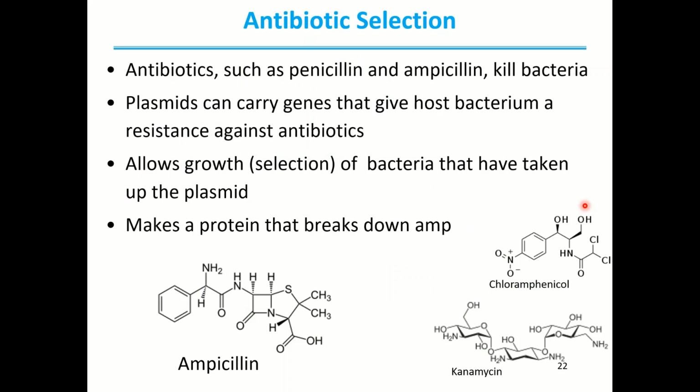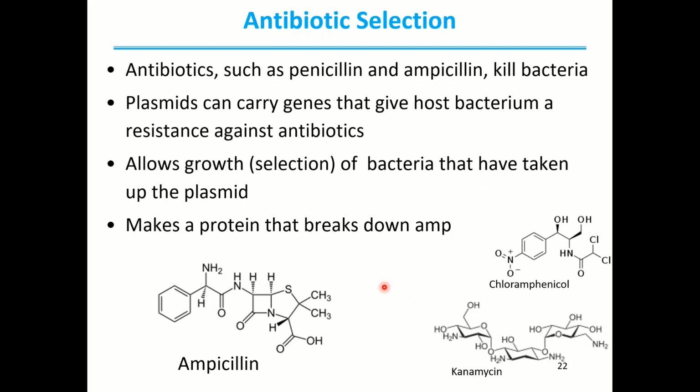The antibiotic selection, things like penicillin, ampicillin will kill bacteria. So if you have a plasmid that carries a gene that gives that host bacteria resistance to the antibiotics, that will give you a way to selectively grow only the cells that have that plasmid in them.